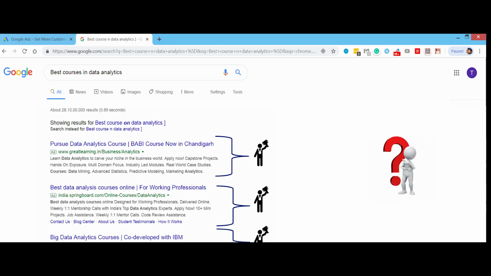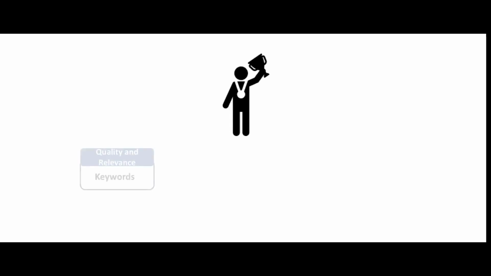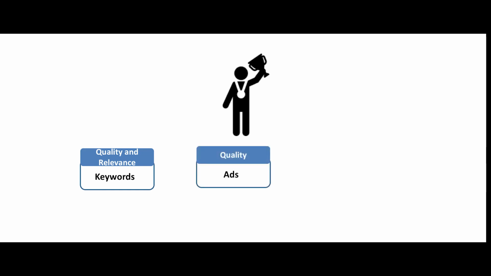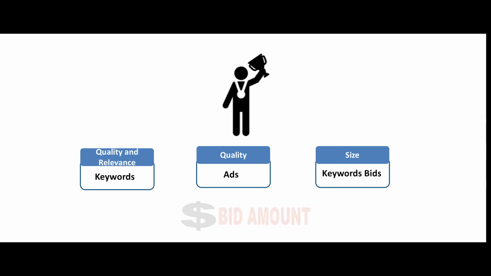But the question is, how is the winner decided? The winners are chosen based on a combination of factors, including the quality and relevance of their keywords, quality of ads, and of course the bid amount set by the advertisers.